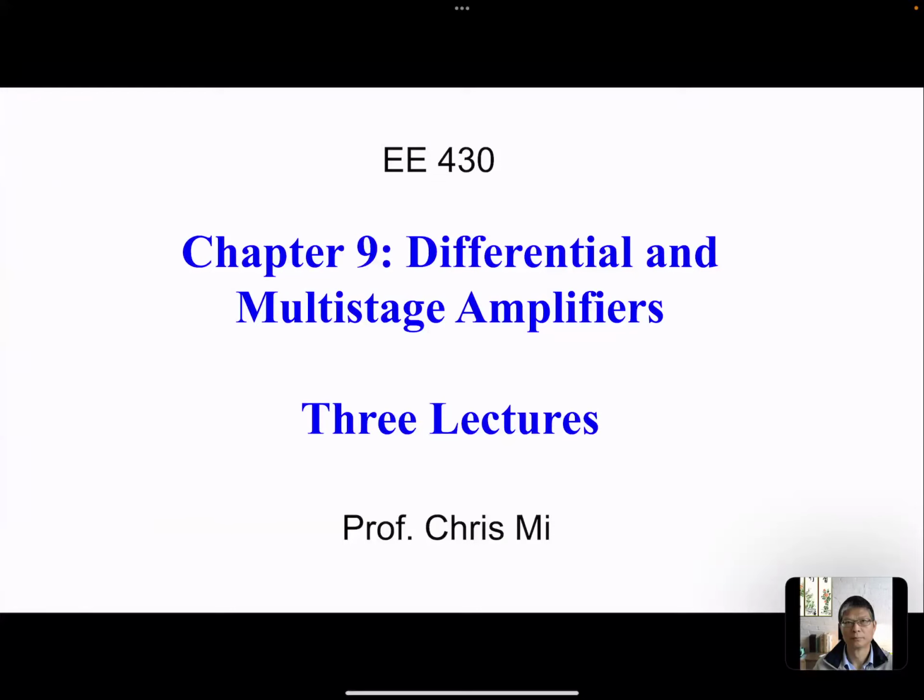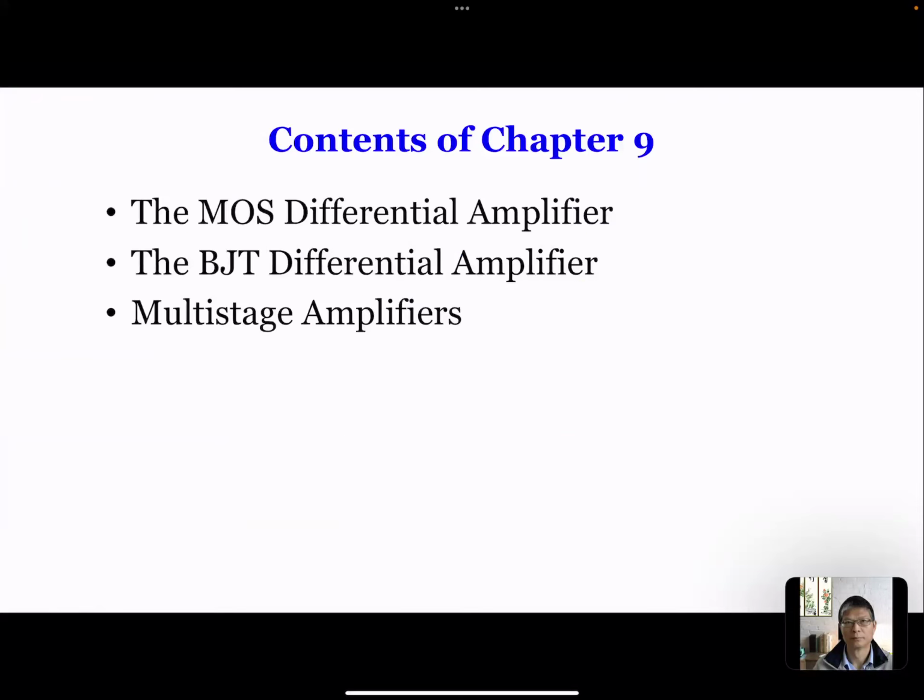So in chapter 9, we'll focus on differential and multi-stage amplifiers. This is going to be a total of 3 to 4 lectures, depending on how you guys follow the lecture contents. Basically, there are 3 areas. In the first lecture, we're going to cover the MOSFET amplifier. In the second lecture, we're going to talk about the differential amplifier using BJTs.